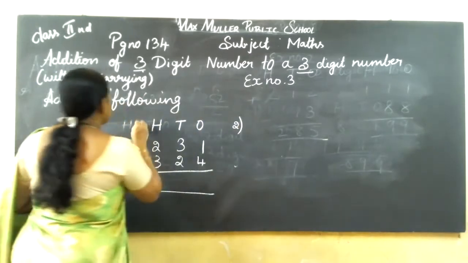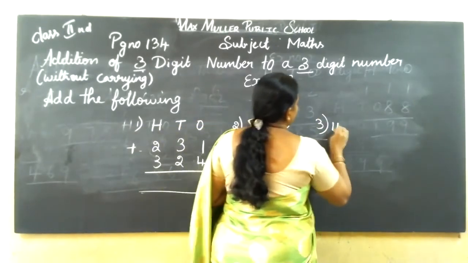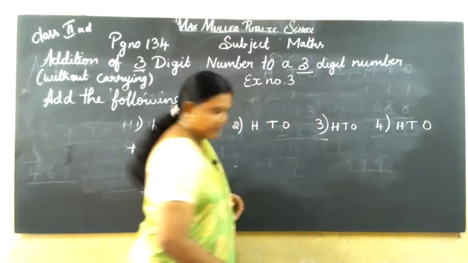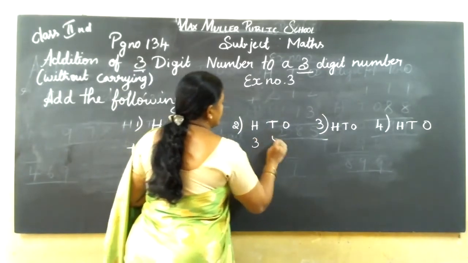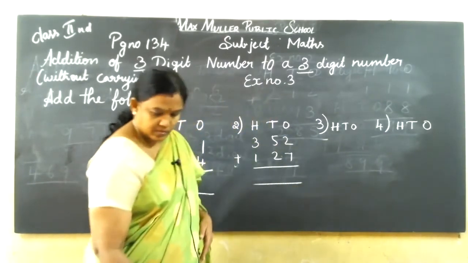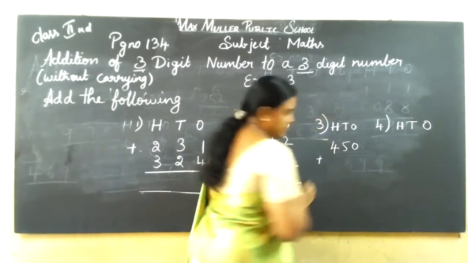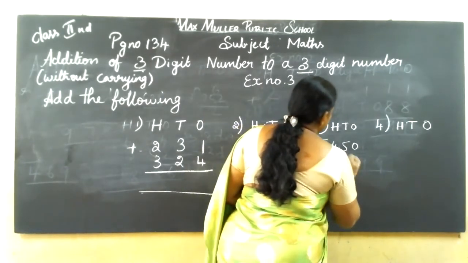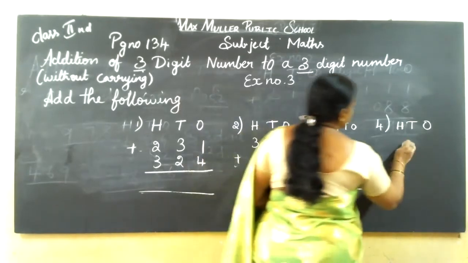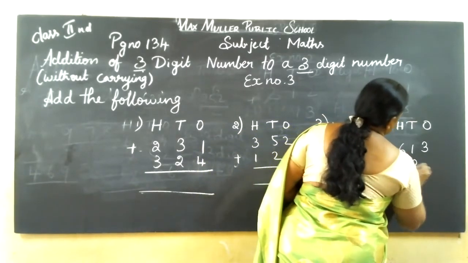Second one, 352 plus 127. 450 plus 238. 613 plus 222.